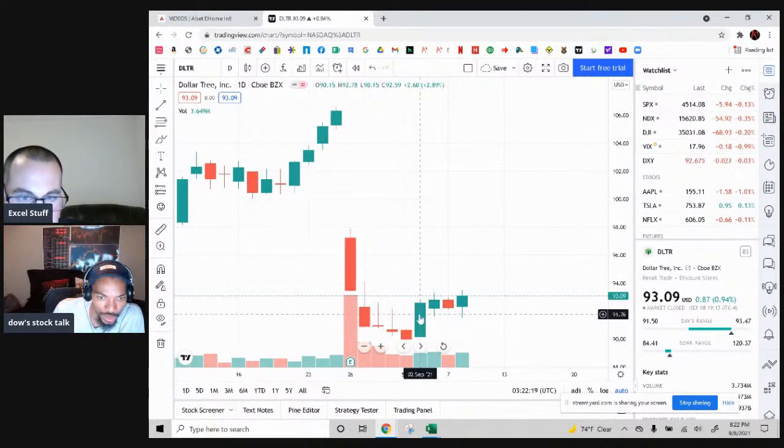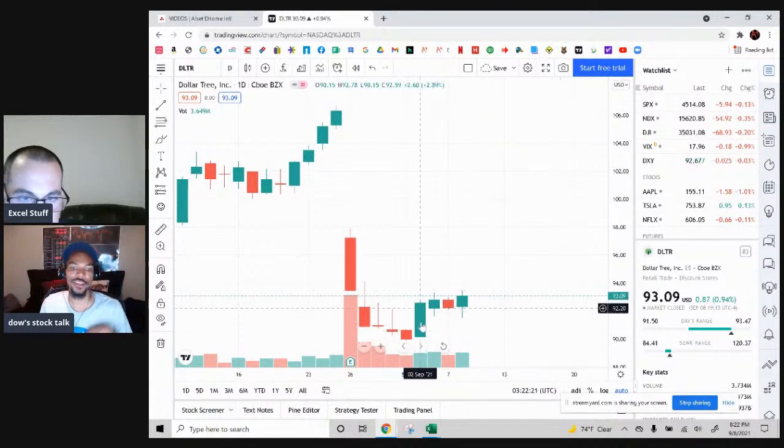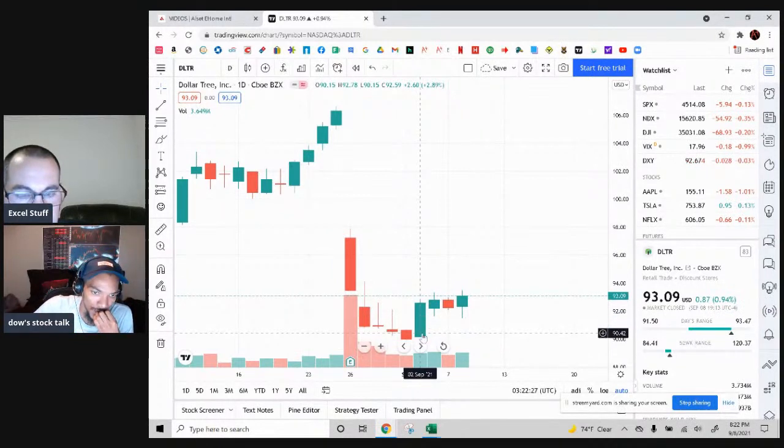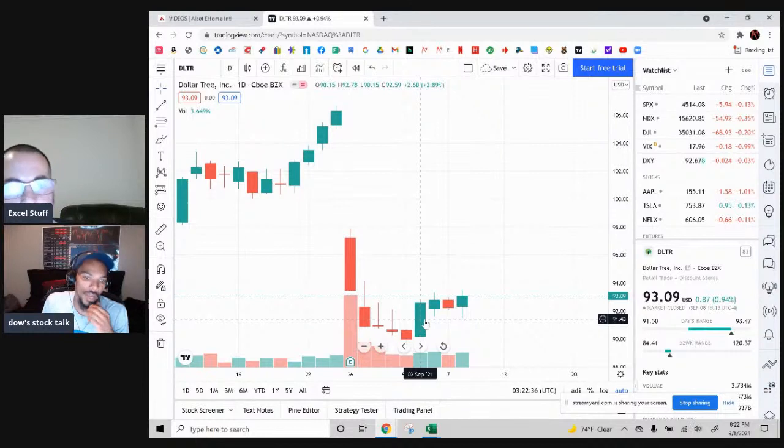If it only has one wick, that means it didn't go lower than the opening price within that time period. So it opened at 90.15 and never went below 90.15. Okay, that makes sense. And then go ahead.